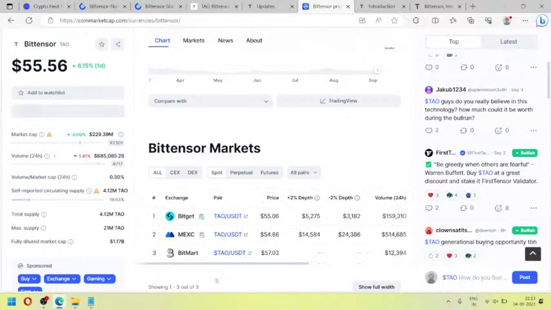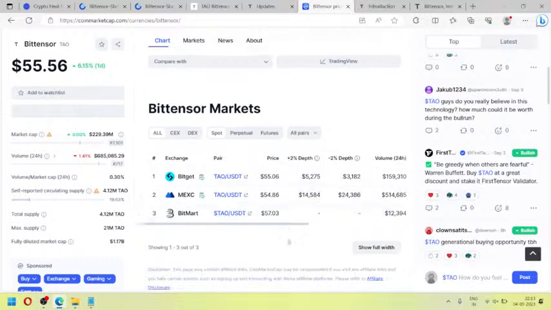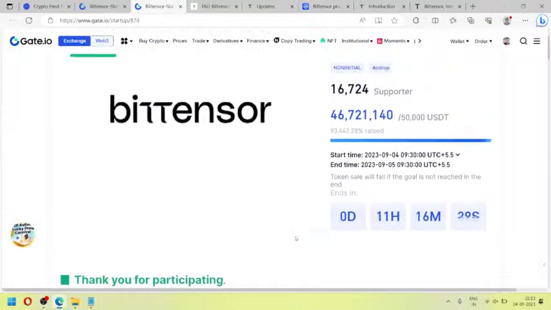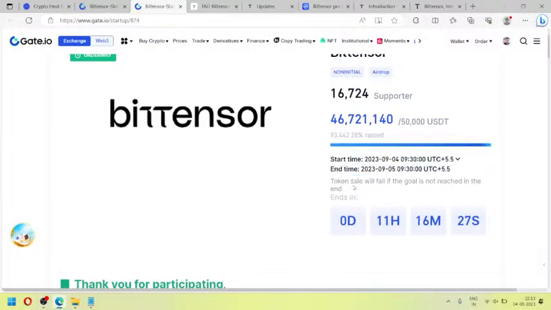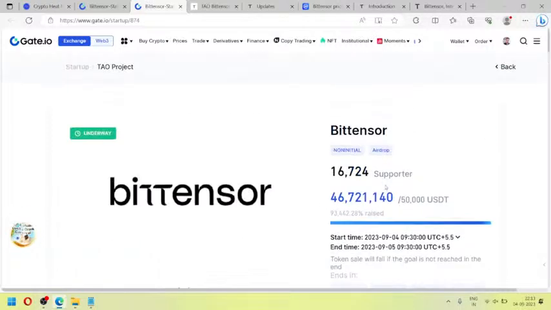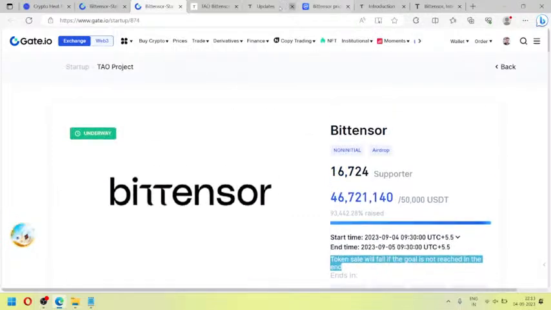After doing that, you get some free airdrops from Gate.io. This is only available for about 10 hours, you can say just 11 hours. If you create an account now and participate in the airdrop, after 11 hours you will get some Bittensor tokens.